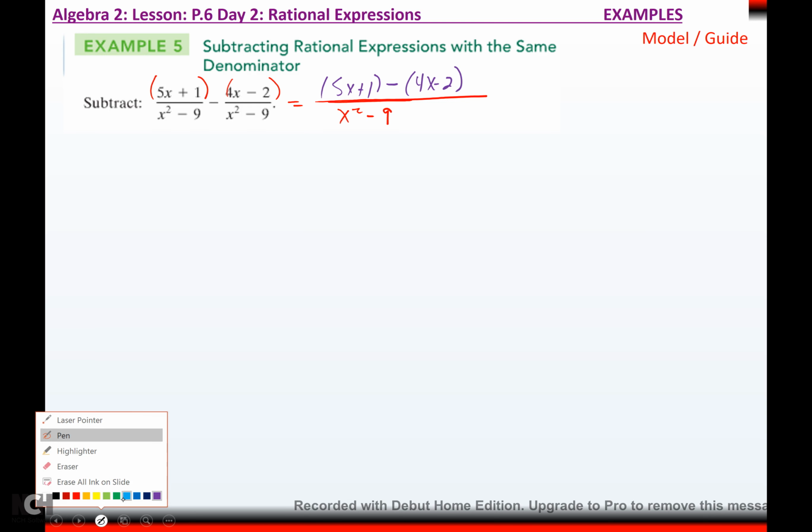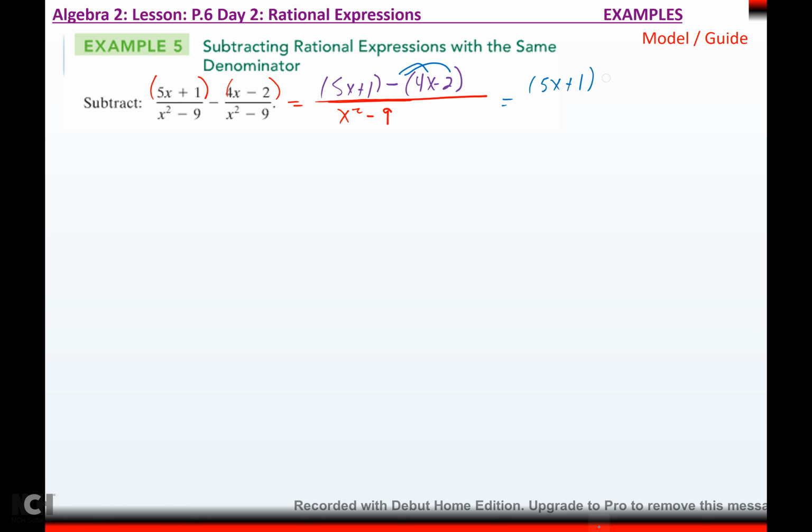So if I clean up the top, distribute the negative, I'm going to have 5x plus 1 minus, I don't need parentheses, nothing's crawling there. So nothing distributes here. Distribute the negative is going to be minus 4x plus 2 all over x squared minus 9.